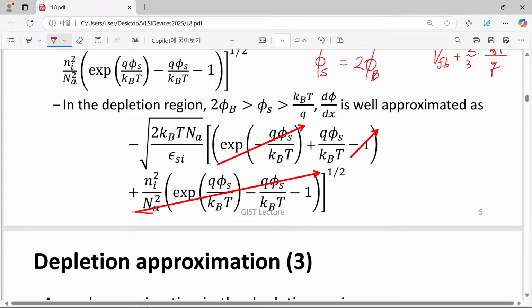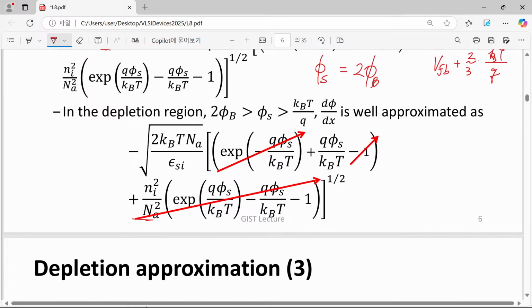That is one thing. And how about this first term? Yes, in the first term, here we have minus exponential function of surface potential, but in our case, beyond the flat band voltage, surface potential is always positive.